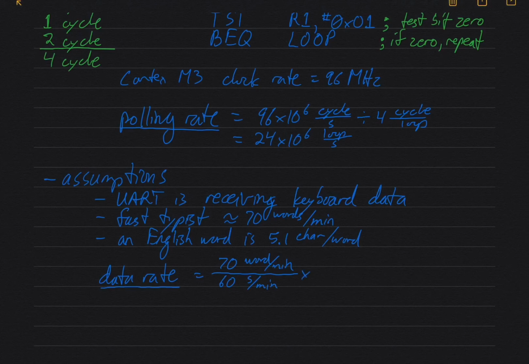That'll just be a little over 1, times 5.1 characters per word. So now we've converted it into characters per second. And then we really want bytes per second, so we can just multiply that by 1 byte per character, and that gives you 5.95 bytes per second. So that's how fast we're getting the characters from the keyboard.